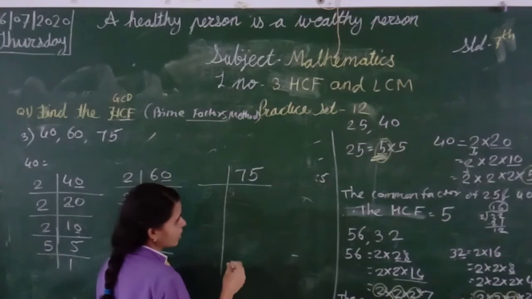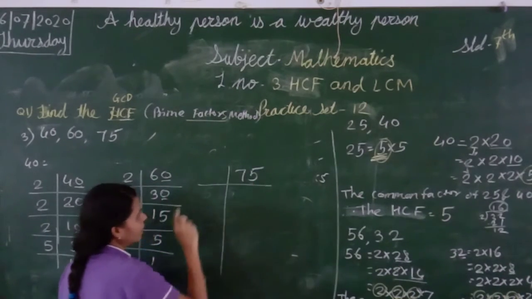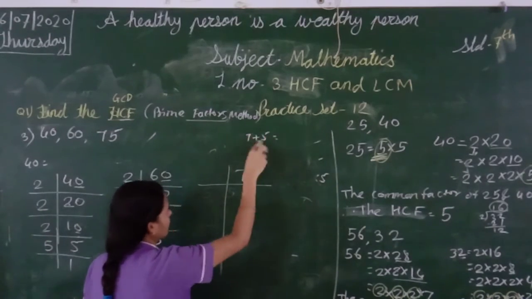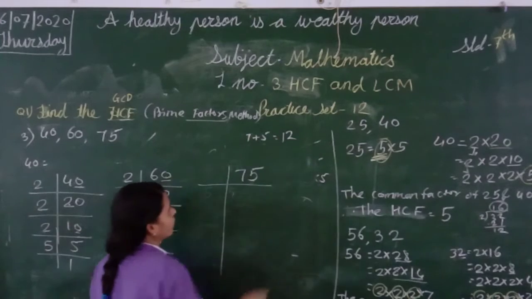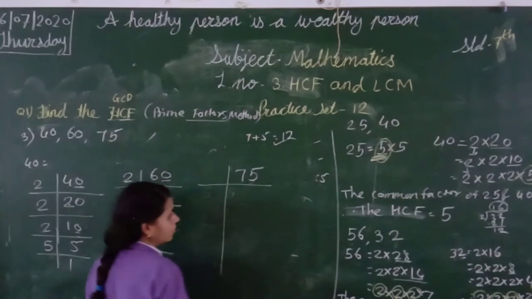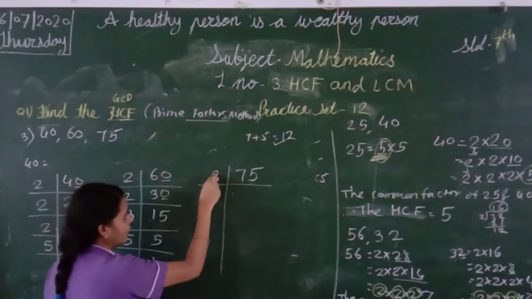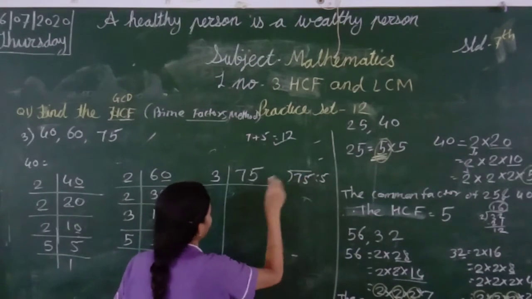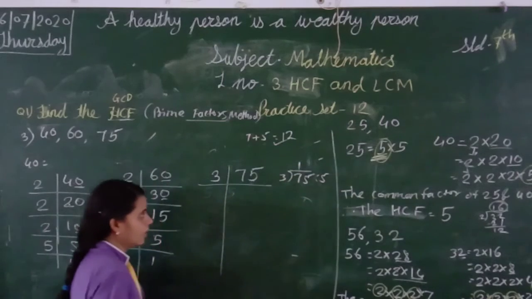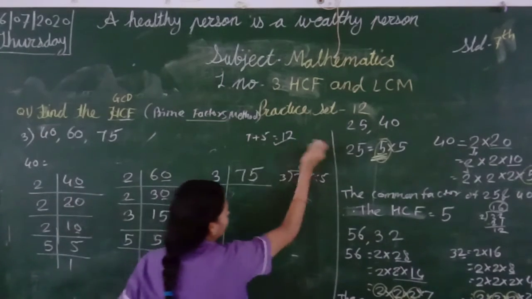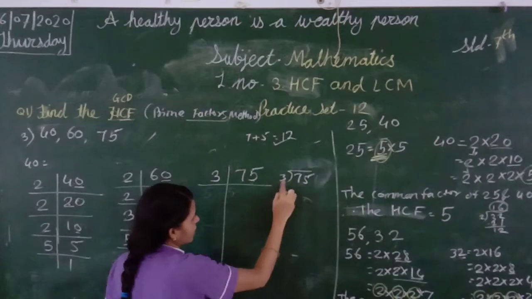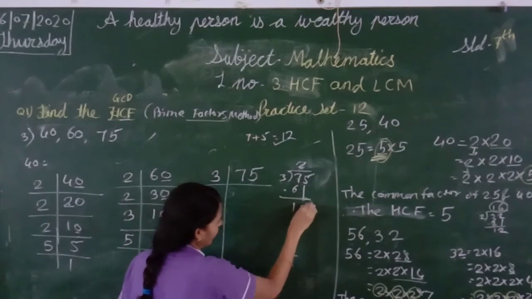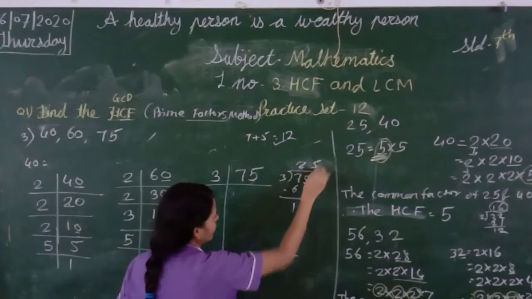0, 2, 4, 6, 8. So we will not divide it by 2. Check the total. 7 plus 5, how much? 12. Okay, and 12 is in the table of 3. So we will divide it by 3. First, 3 ones are 3, 3 twos are 6. 7 minus 6, 1, bring down 15. 3 fives are 15.